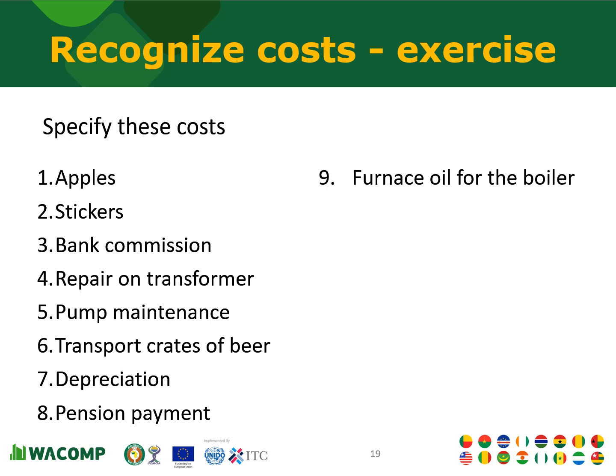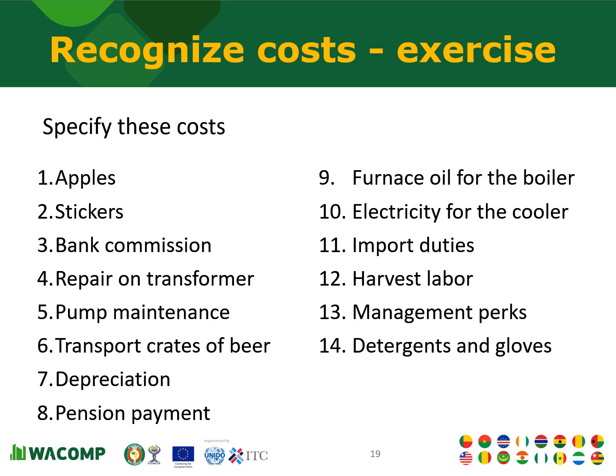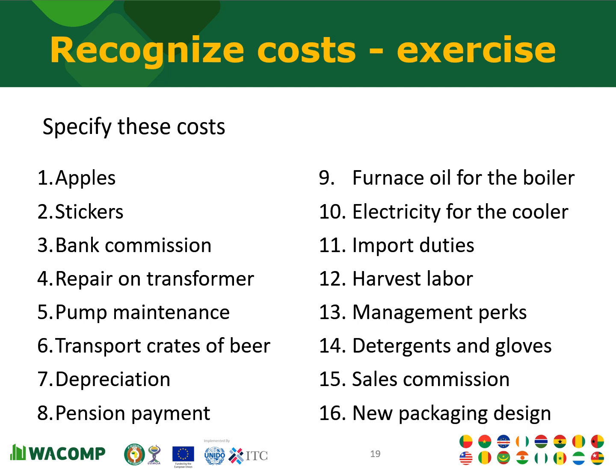Furnace oil for the boiler. Electricity for the cooler. Import duties. Harvest labor. Management perks. Detergents and gloves. Sales commission. New packaging design.